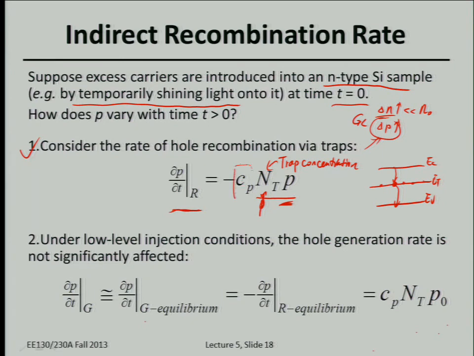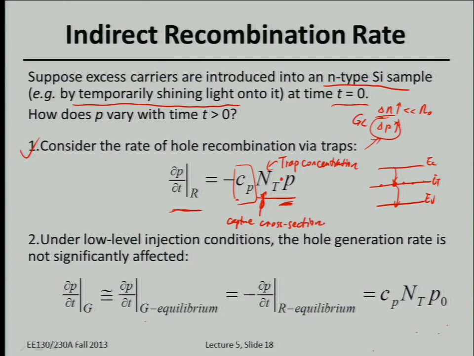And there's another coefficient here that tells you about the recombination rate between the product of the carrier concentration we're going to recombine and the trap concentration. This is called the capture cross section.